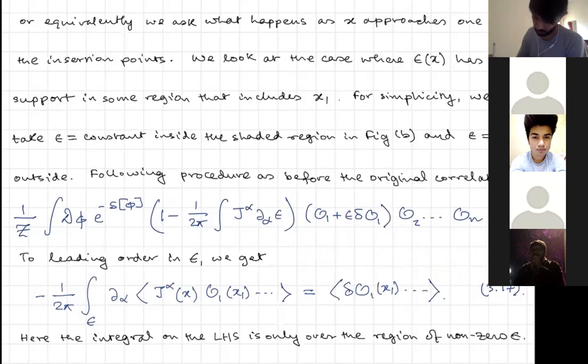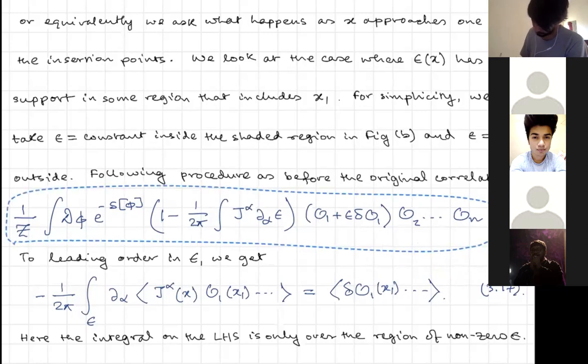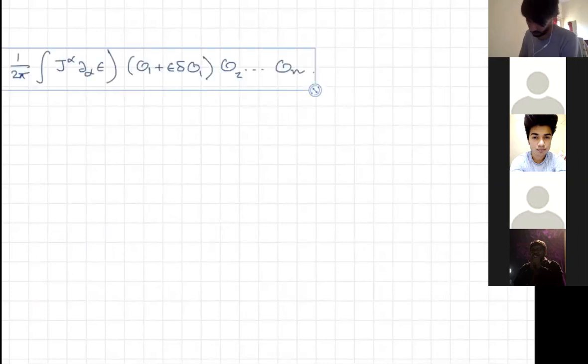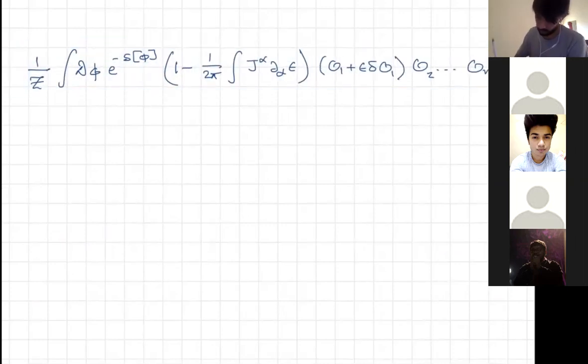Okay, so let's take this guy and copy it, get another page, paste it. So what we want to do is we want to figure this one out, right? So this is 1 over Z integral.